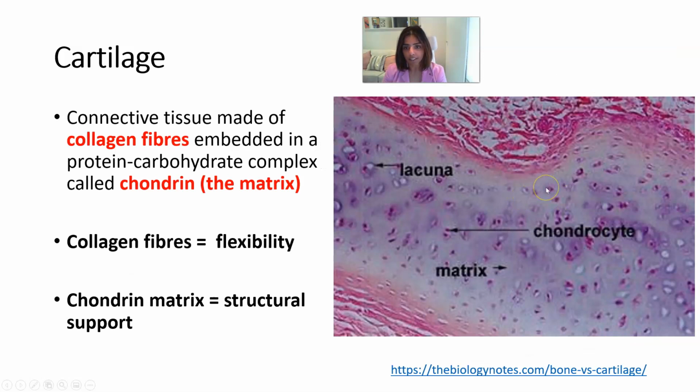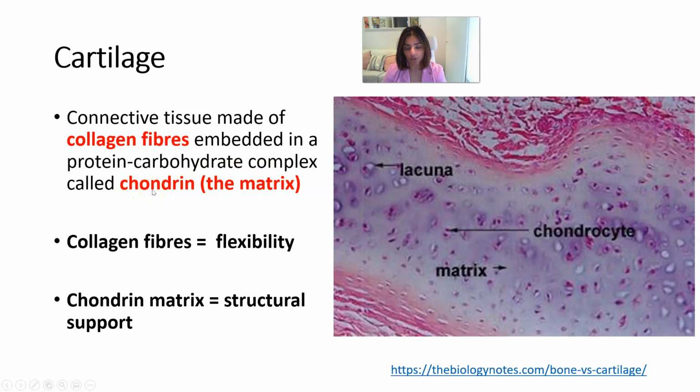So let's look at cartilage. This is a light microscope image of cartilage, and we can see here that cartilage is a type of connective tissue again, because it has those collagen fibres embedded in a matrix, but this time instead of it being a mineral-based matrix, it's a protein carbohydrate complex which is called chondrin.